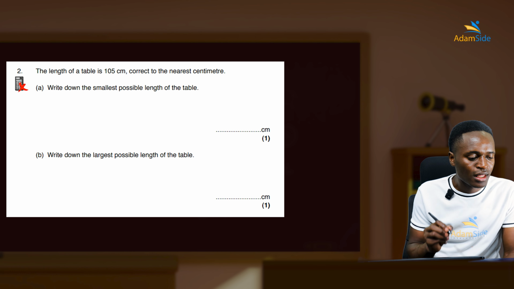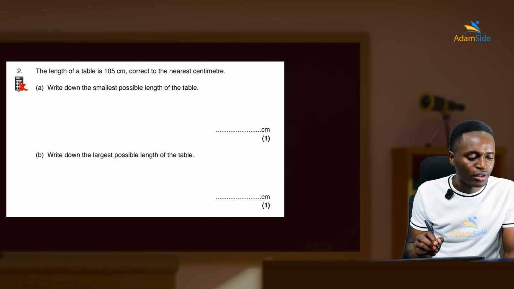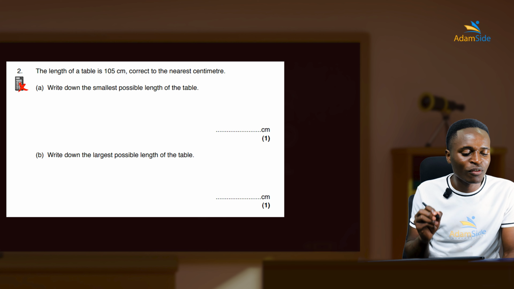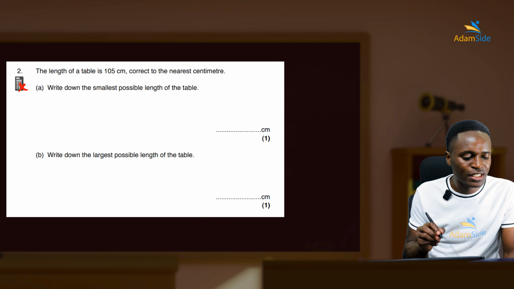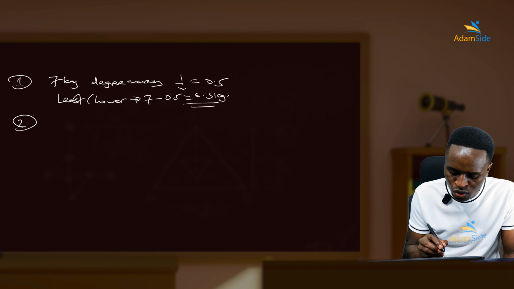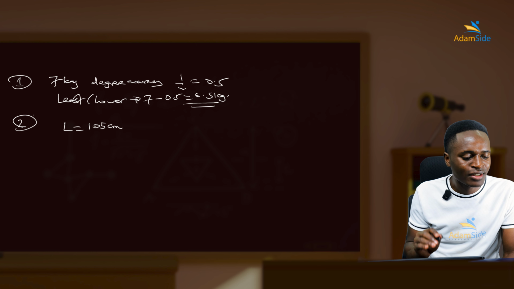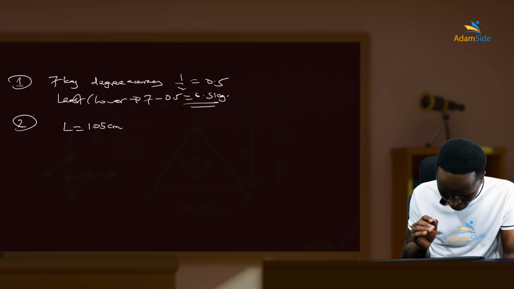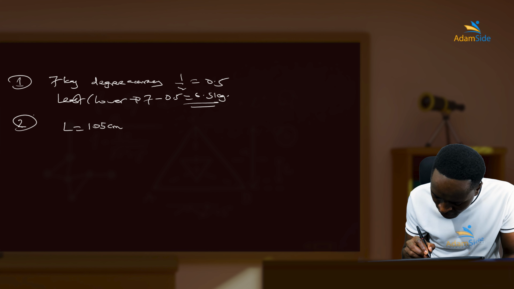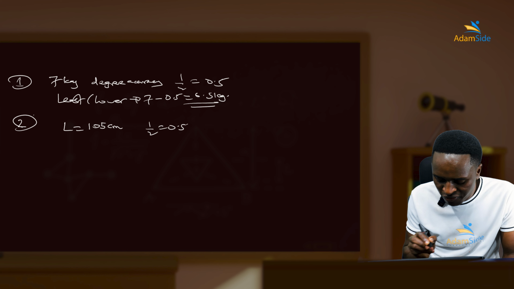That's nice. Question number 2: the length of a table is 105 centimeters, correct to the nearest centimeter. Write down the smallest possible length of the table. The degree of accuracy is 1 divided by 2, which gives 0.5.